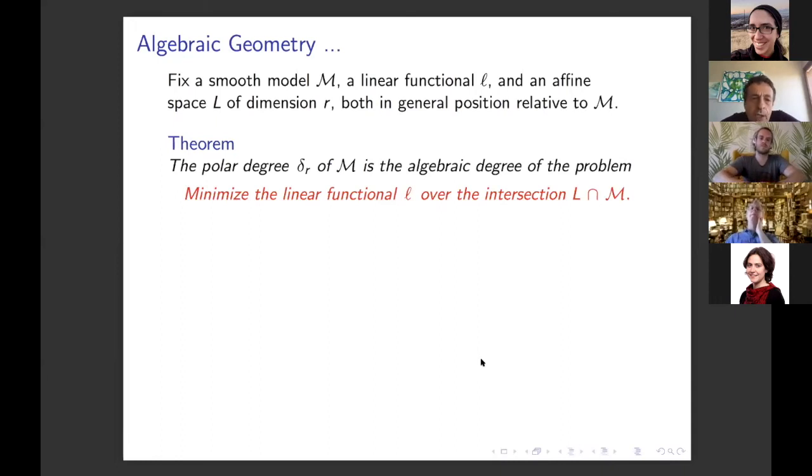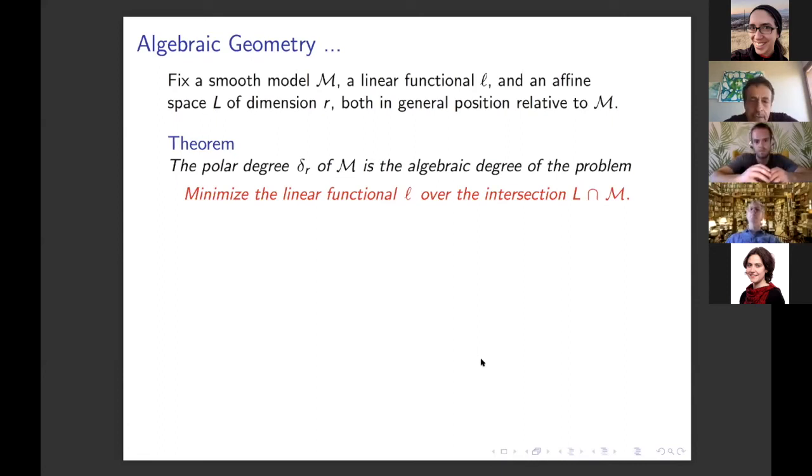So I have a model, a linear space, and a linear functional. Then here's a theorem that says the polar degree, delta R of the model, is the algebraic degree of the optimization problem. And the optimization problem is to minimize the linear functional over the intersection of the model with the affine subspace.